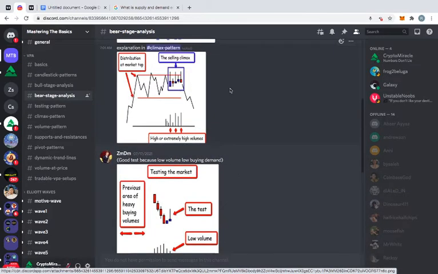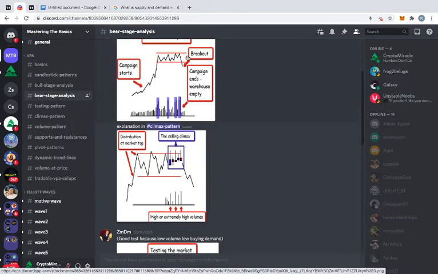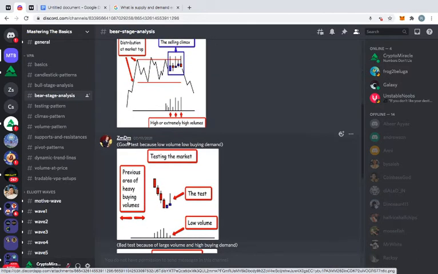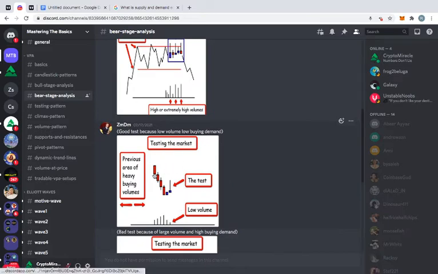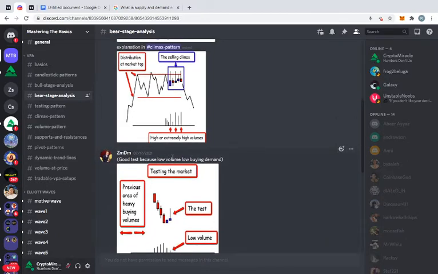So they'll break down. So breakout, right? Breakout, and then the same principle of testing the low volume. So this one here was a good test because there's no more demand, there's no more buying. And again, this idea of testing is going to be in the next video, but it took me a while to really understand why they do this.